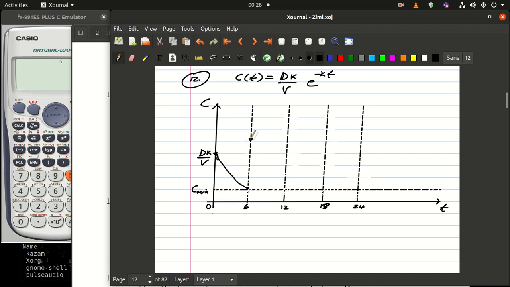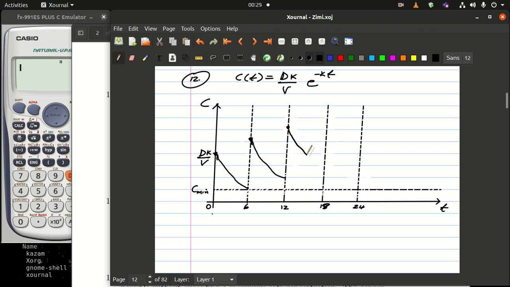And of course, the curve will be there after the second dose, and then it will gradually keep decreasing. Maybe it's somewhere there just before I add the third dose. But once I add the third dose, it's supposed to be somewhere a little bit above there, and then it gradually keeps decreasing.